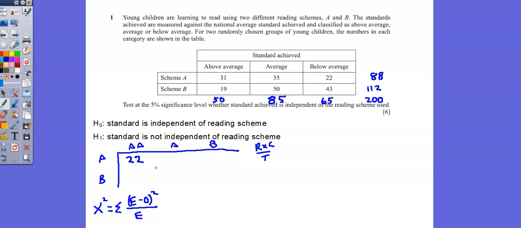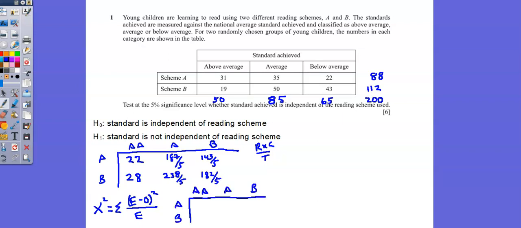And the similar calculations working across will be 187 over 5, 143 over 5, 28, 238 over 5, 182 over 5. These are the expected values for the table.